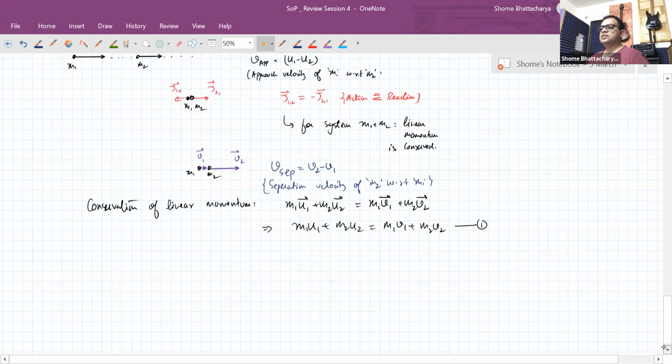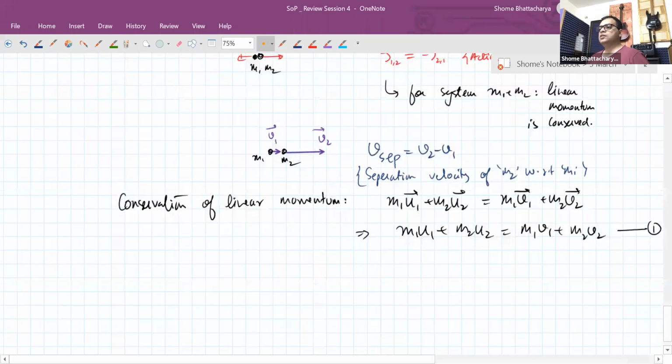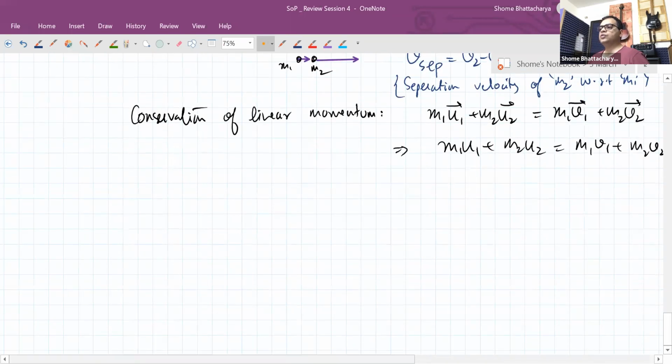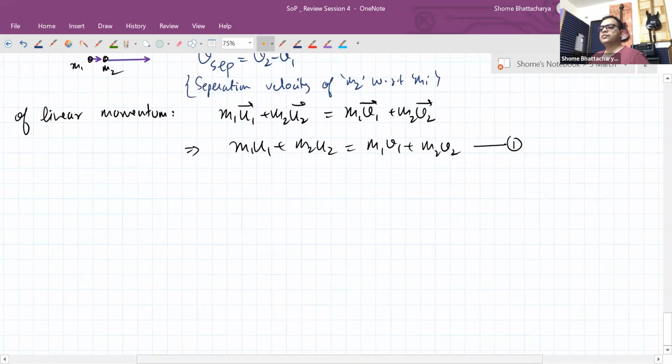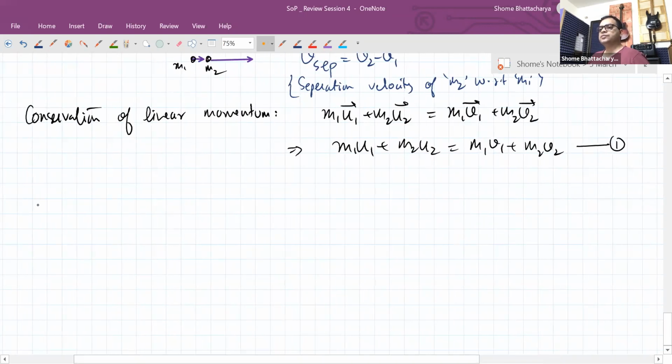Now, the second thing is, if the collision is, in addition to being one-dimensional or head-on, also elastic, or what we call perfectly elastic, that means kinetic energy is conserved.